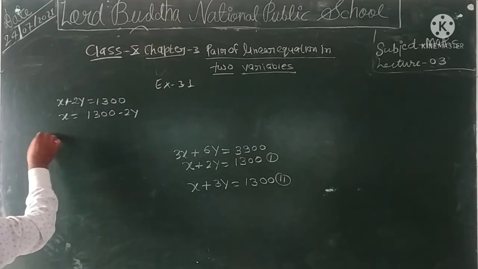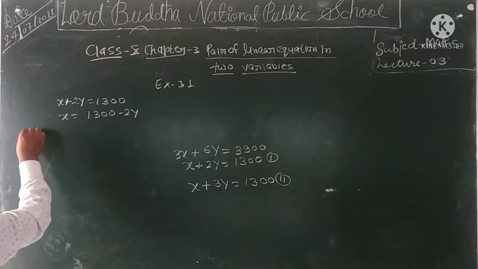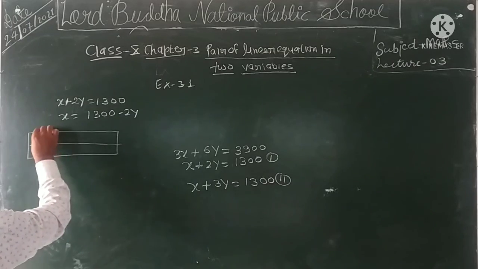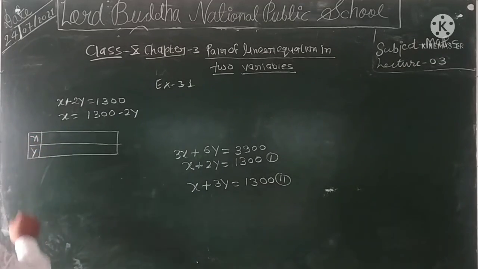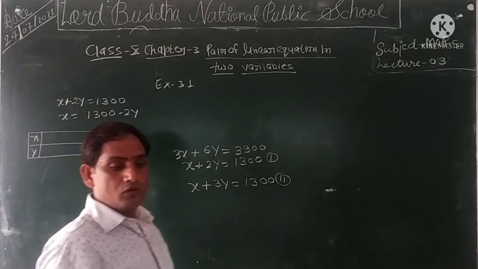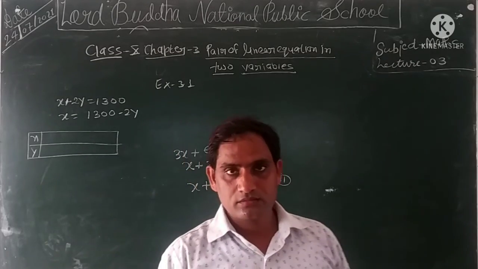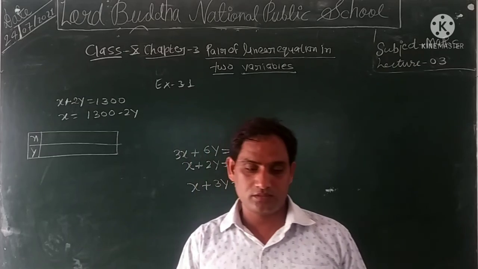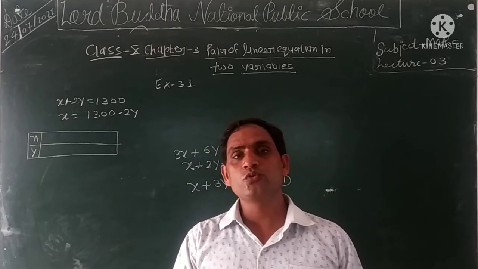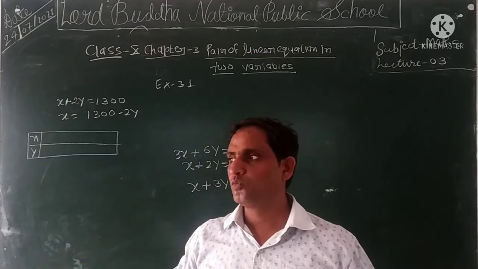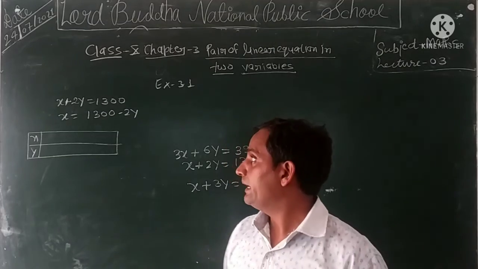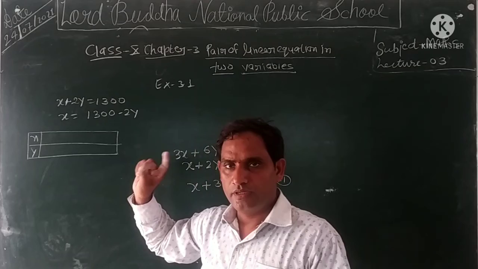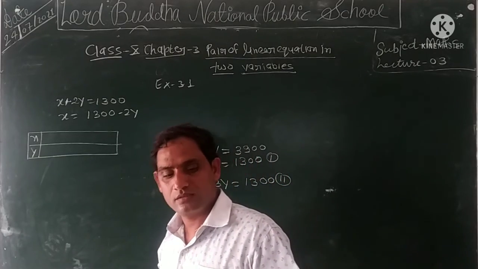Now we form the table for the solution of this equation, with x and y. We select the value of y, and we get the value of x. You are free to select any value of y, or you can represent y in terms of x. It is your choice.